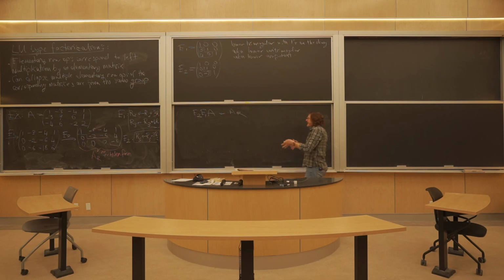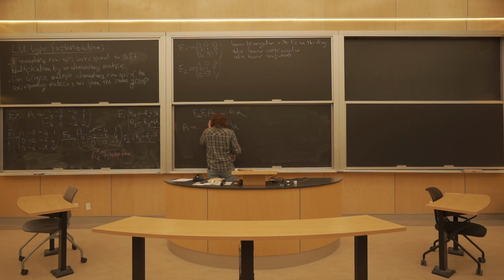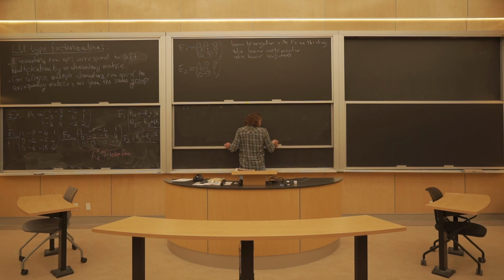Now I can send these two to the other side so that I solve for A, right? A equals something. And since you're going this way, first you need to send this to the other side. So that first you're going to see E2 inverse, and then you're going to see E1 inverse. Okay? Now, what are these matrices? We had discussed this a little bit.